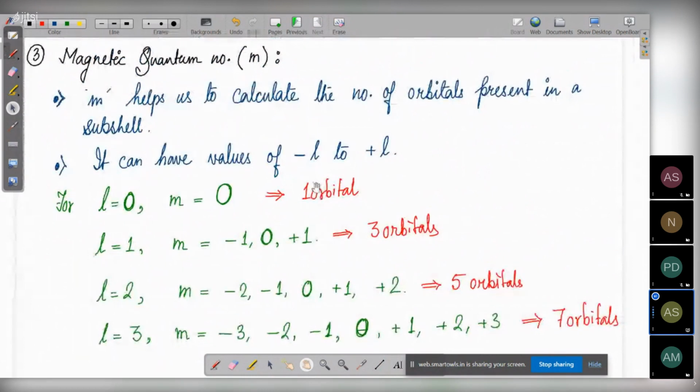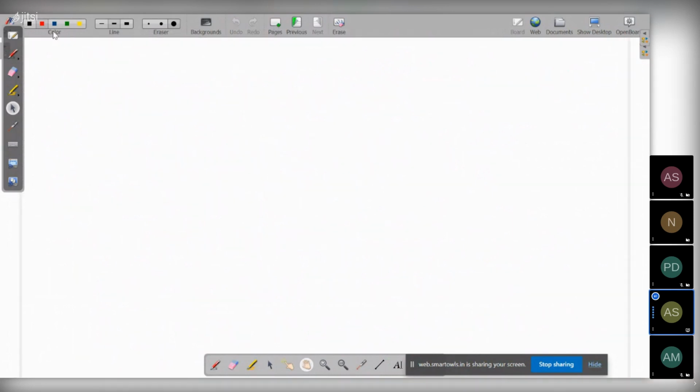Now the question is, what is an orbital? We are saying one orbital, two orbitals, but what actually do we mean by orbital? Let's write down the definition of orbital.